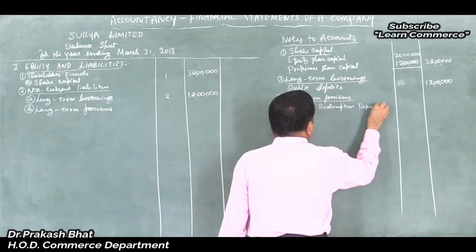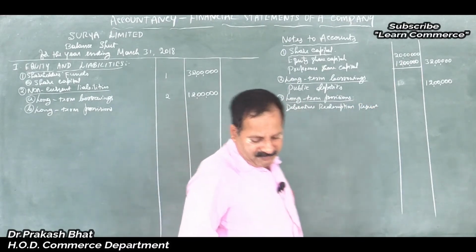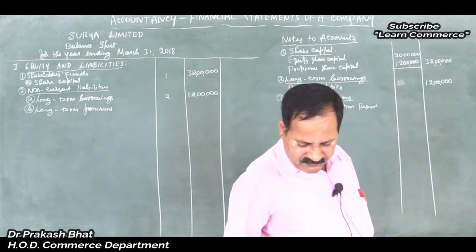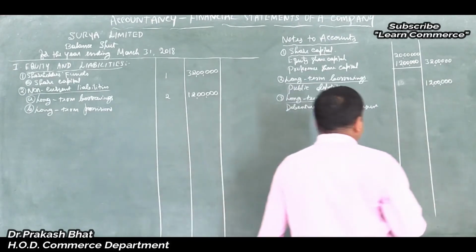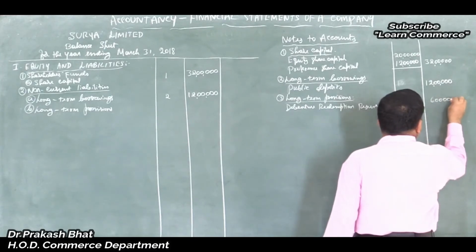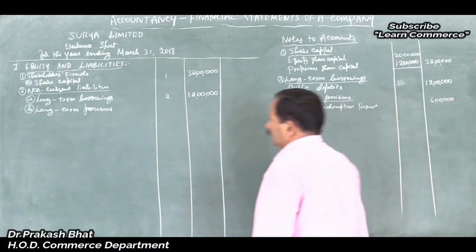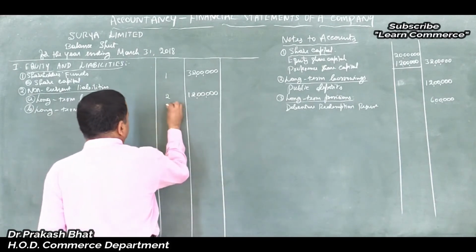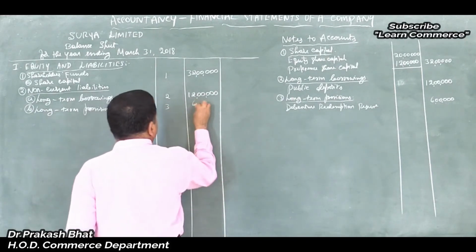How much is it? Debenture redemption reserve 6 lakh. Is that correct? Yes, 6 lakh. So your long-term provisions, note number 3, 6 lakh.